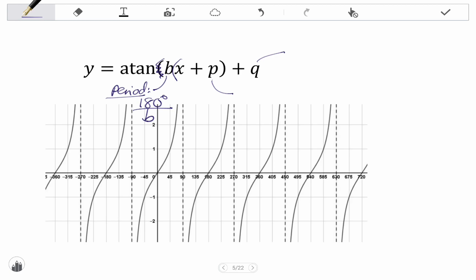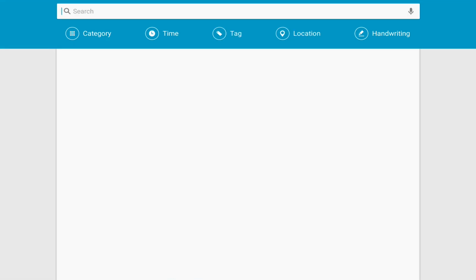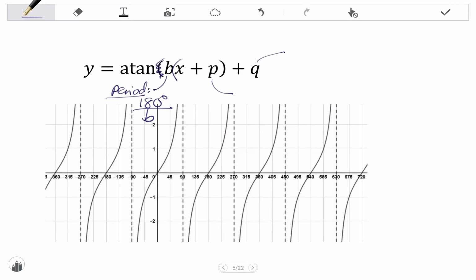And A, for a tan graph. Looking at A, I have to remember that there is no amplitude in a tan graph, okay?